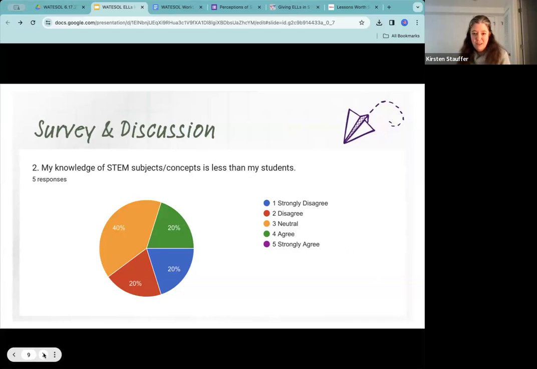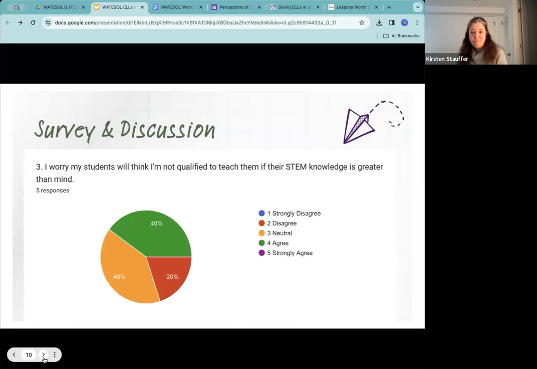We're more in the neutral to strongly agree range, especially at the younger ages where it's likely that we know more, but especially when working with university students, they know more. And here's one that I've struggled with as well, because you get a little bit of that imposter syndrome where you feel like, oh, I don't know as much in some of these really technical fields as the students, so they're not going to see me as having value.